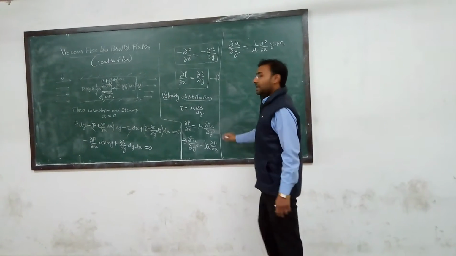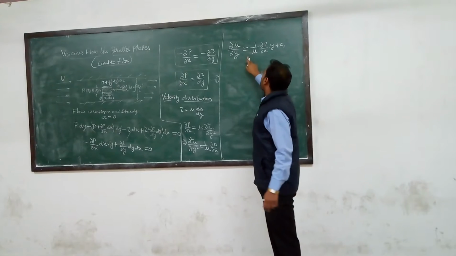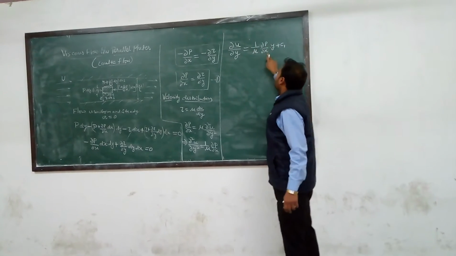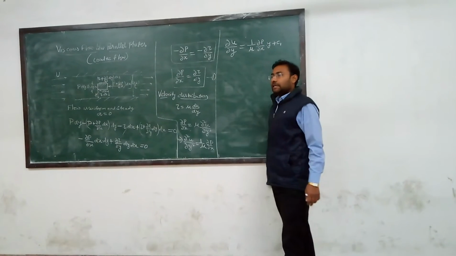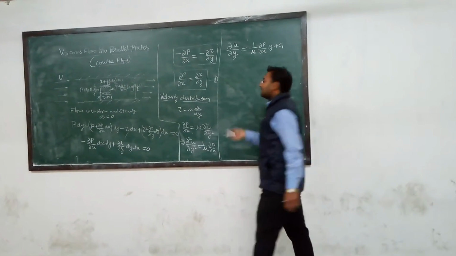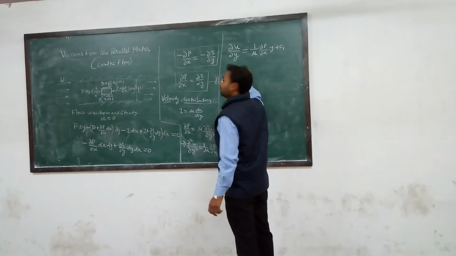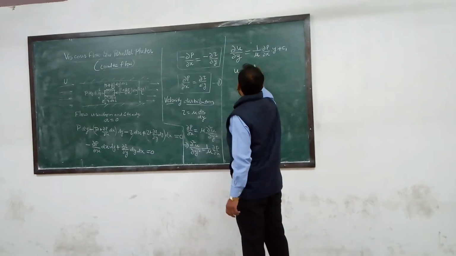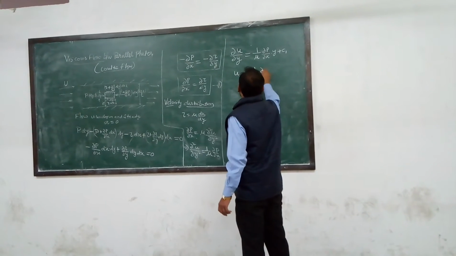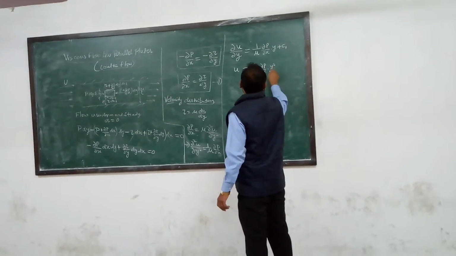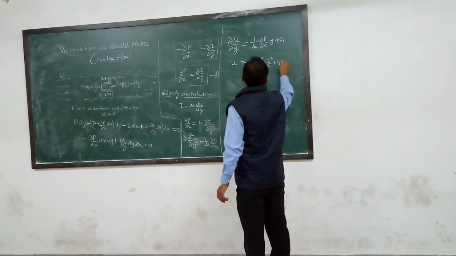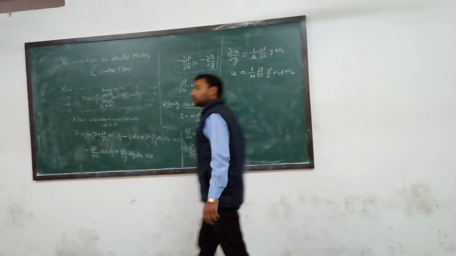Now again integrate it. Integrating the second time with respect to y, it will become u is equal to 1 by mu del P by del x y squared by 2 plus c1 y plus c2.